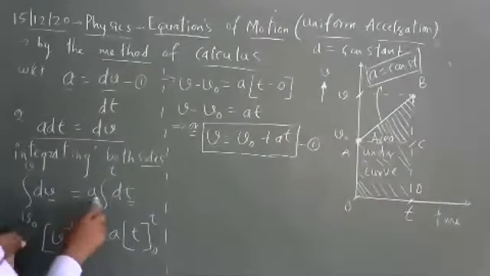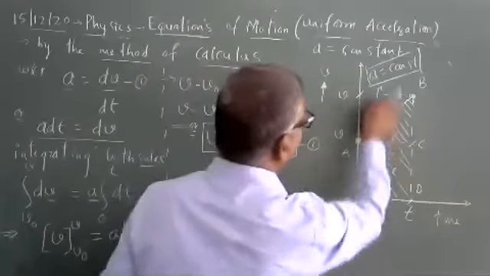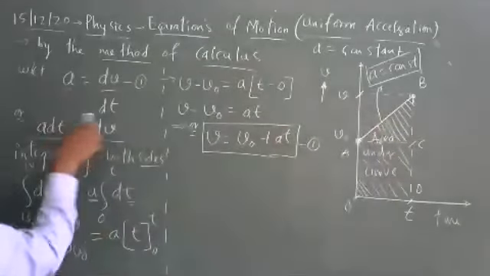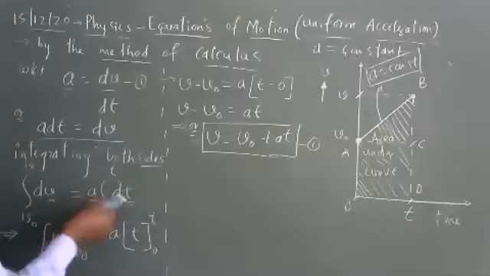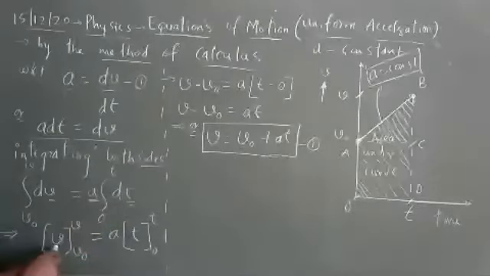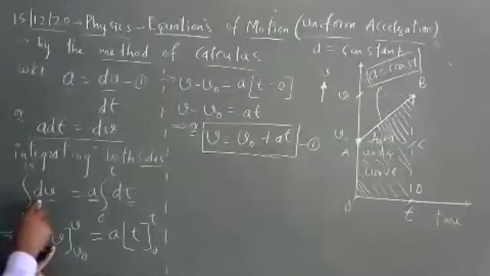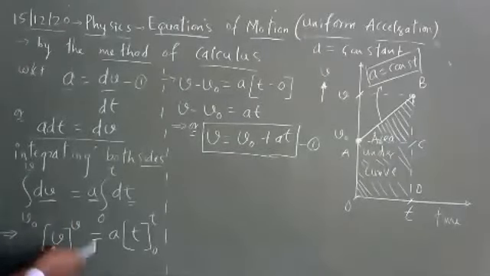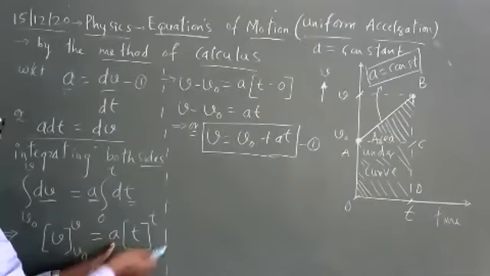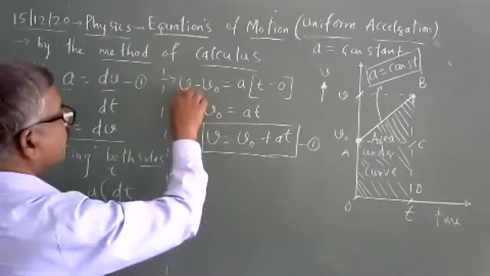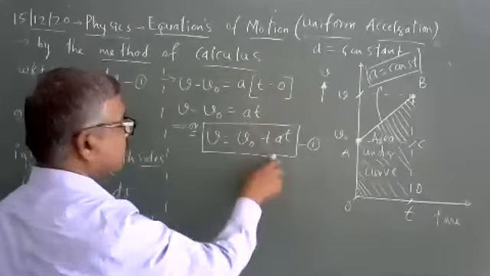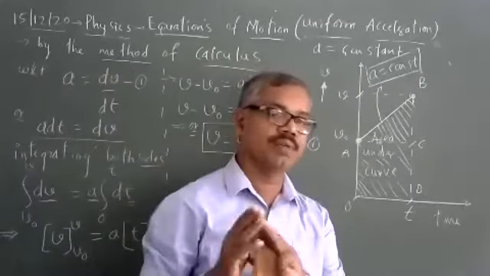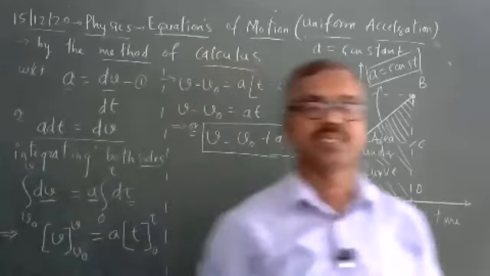Acceleration is a constant because the slope is constant. When a quantity is not varying, it is a constant: take the constant outside and the variable inside, then integrate. After integration, the integral of dv gives v between the lower and upper limits, equal to a times the upper limit minus the lower limit. Do the mathematics, and this gives the equation of motion: final velocity equal to initial velocity plus at.